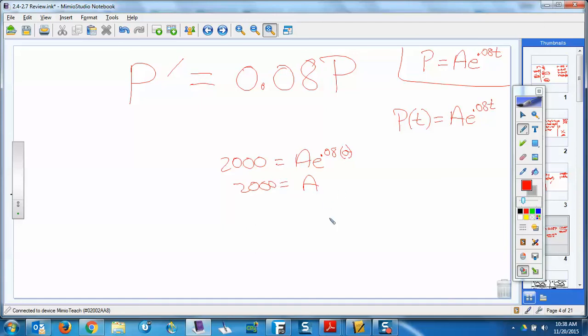So you want to be a little careful and make sure. I mean, sometimes, not that it'd be a big deal, but what if the problem was worded this way? A person put in $2,000 when they were 10 years old, and how much is there when they're 20?